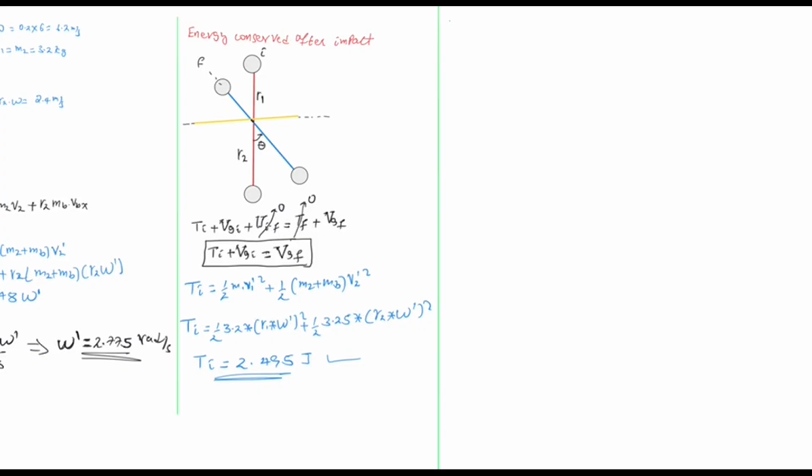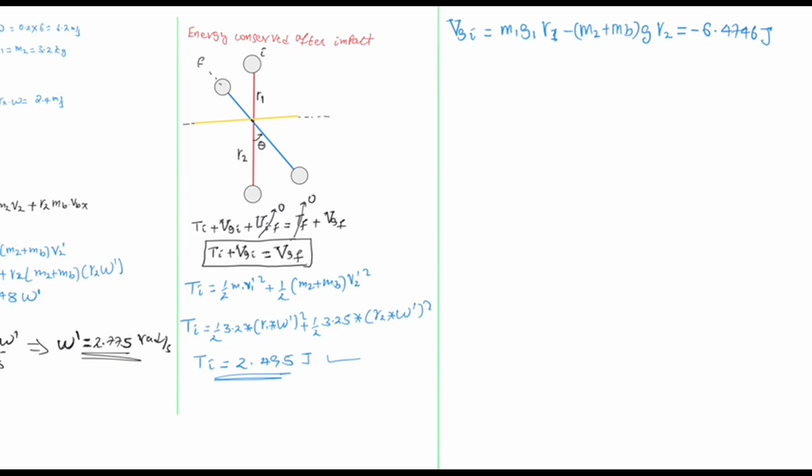That means the potential energy due to gravity at the initial condition will be equal to m1 g times h1, where h1 in this case is r1, minus, for the second case, m2 plus the mass of the bullet times gravity times r2. So we know all the values, so if you substitute that, finally you will get the value of negative 6.4746 joule. So this is just VGI.